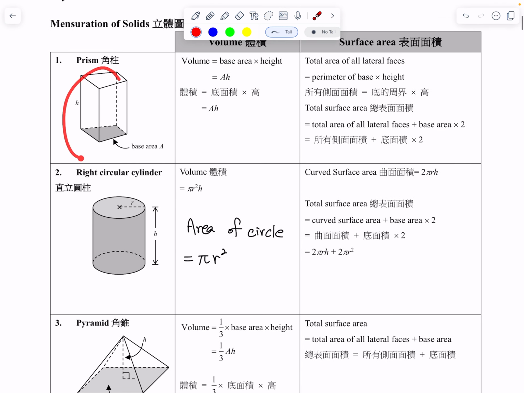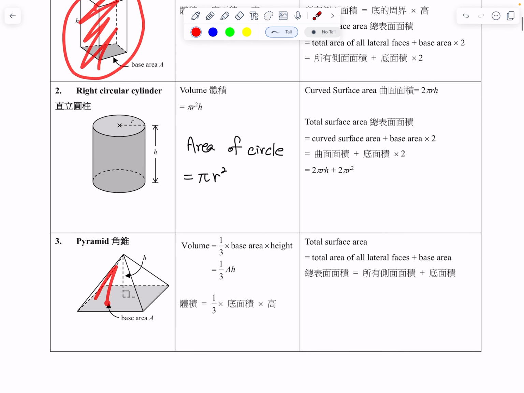We had one of the prism, we filled in the water, and then we poured it into the pyramid. Then we found that, oh yes, actually it could fill up 3 of the pyramids. Or you can go the opposite side, fill in 1 pyramid, keep putting in the prisms, you will have to fill in 3 times. So it has a 1/3. So with a pyramid, you can put in less than the prism.